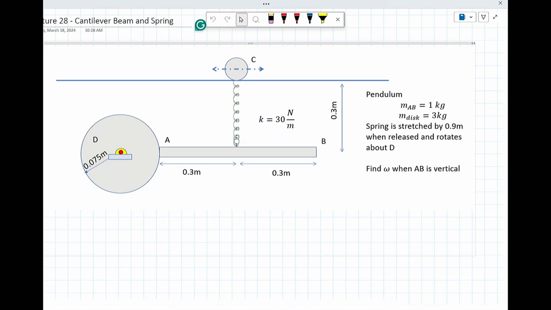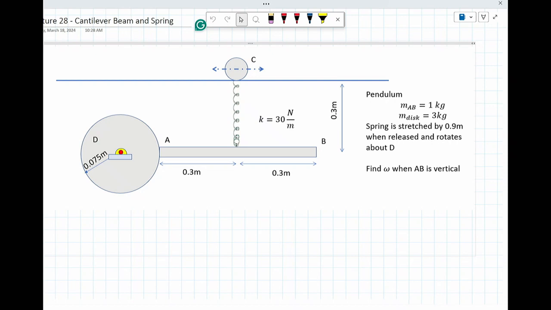The disc has a 0.075 meter radius. The rod AB has a length of 0.6 meters, and it's 0.3 meters from the ceiling. The spring has a spring constant of 30 newtons per meter, and you're given a pendulum AB with a mass of 1 kilogram.